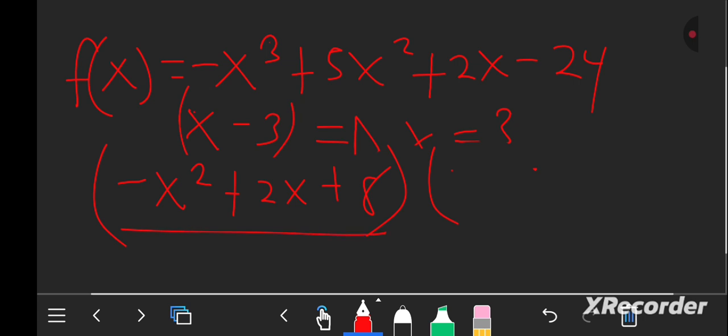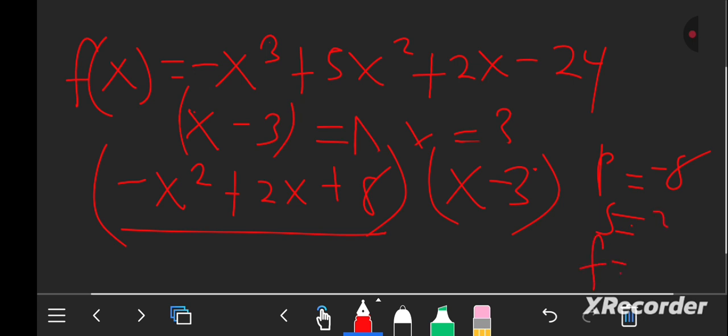So once you factorize further the quotient, you now get the complete factors. So let's have x minus 3 like that. So factorize this further. The product is negative 8. To find the product, you just multiply the coefficient of x squared and also the constant. So product for this is negative 8. The sum, you get the coefficient of x, that is 2.